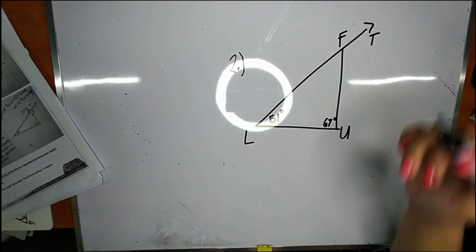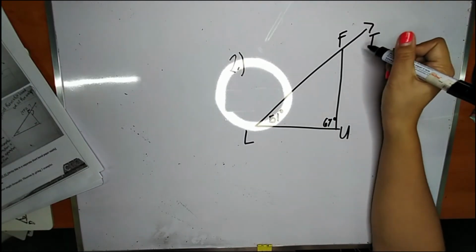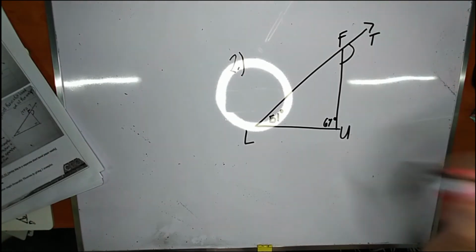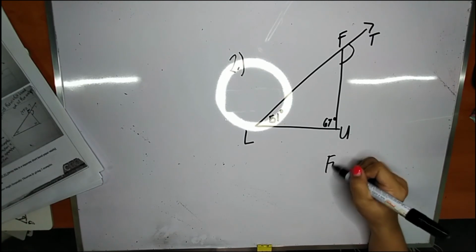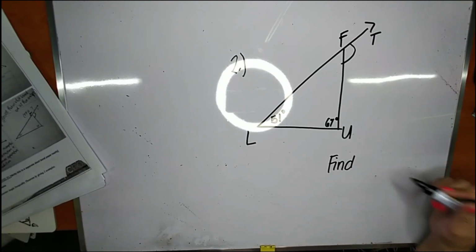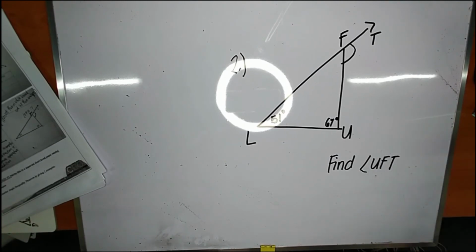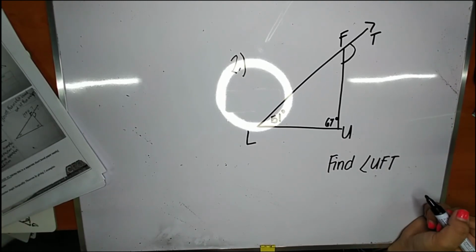You are going to find the measurement of the exterior angle UFT. This angle. Find angle UFT. Again, this is our exterior angle, so you may make use of the knowledge of the theorem earlier.